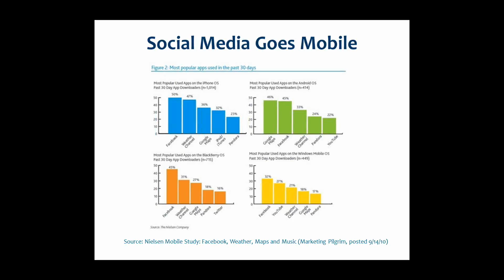But basically what it amounts to is that people are taking their social media with them. And those numbers are even higher when you consider Hispanics and African Americans, because they're more likely to use their phones to access the Internet because they can't afford to have Internet at home, but they prefer to pay for a smartphone.